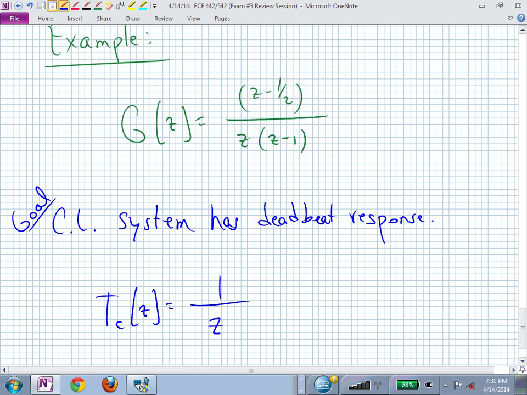Restriction 4. We didn't have a settling time or any accuracy spec, did we? But what's the DC gain of T sub C of Z? 1. Is that good? A DC gain of 1 means what? If I apply a constant, if I put in 4, what am I going to see out? 4.